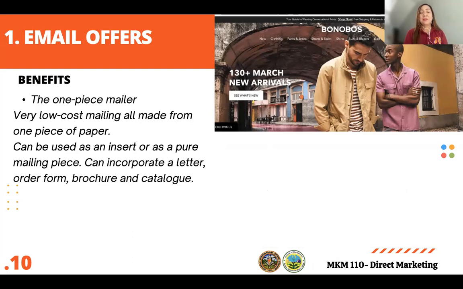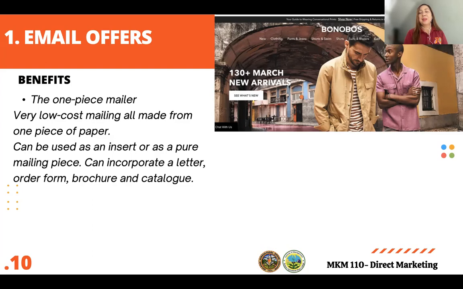One benefit is that it is very low cost compared to direct mail, and it can be used as an insert or as a pure mailing piece, and can incorporate a letter, order form, brochure, and catalog. So talagang zero budget when you use email offers. Probably the only thing you'll spend on is the salary of the graphic designers and the staff.